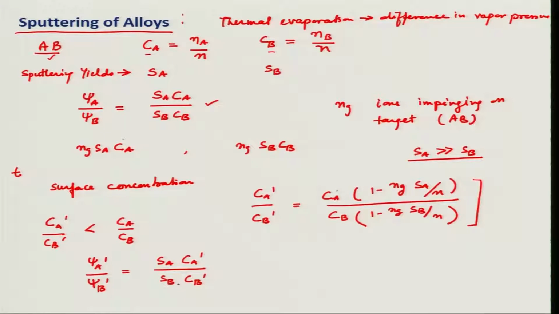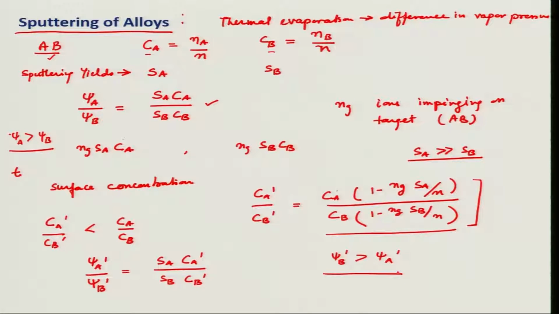Okay, now the sputtering will depend on the new composition, where Ca dash over Cb dash is this expression. Now if Sa is higher than Sb, at some point psi B dash will be higher than psi A dash. Here psi A was higher than psi B. Now I have more sputtered flux for B.